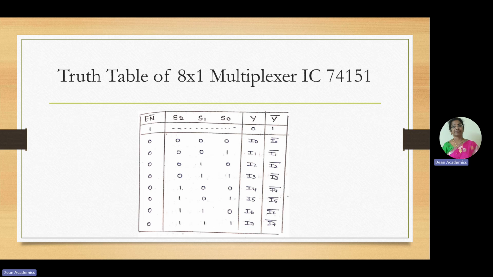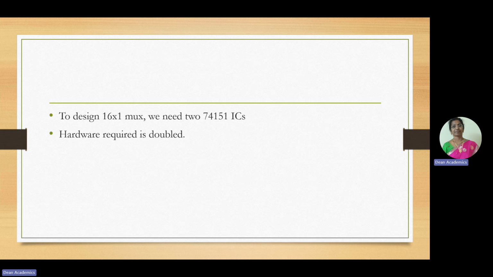Similarly, 0, 0, 1, Y is I1, Y bar is I1 bar. Like that, when enable signal is 0, select signals are 1, 1, 1, then Y is I7 and Y bar is I7 bar. Like this, we can understand the truth table of the IC 74151.